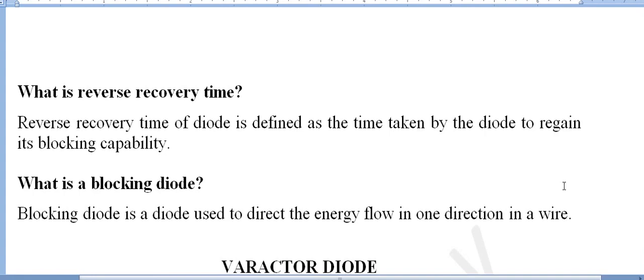We must remember only one thing about the Schottky diode, and that is, this Schottky diode does not have any depletion layer, and because of the absence of depletion layer, there is no charge storage, and because there is no charge storage, no recombination will be there, and because of that, the switching speed is very fast as compared to a simple diode.